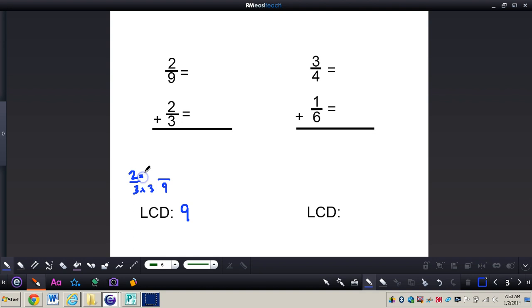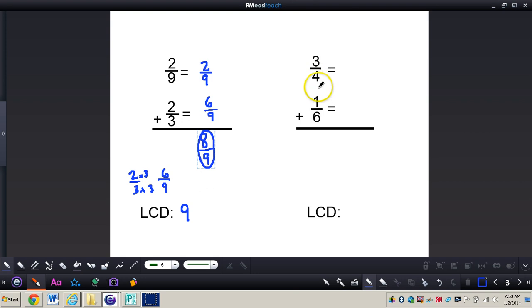My numerator, I'm going to need to multiply by 3 as well, to 6/9. So I will write 6/9 over here. 2/9 will actually stay the same since my LCD was 9. And then from here, once we have a common denominator, we can simply add the numerators together. 2 plus 6 is going to give me 8. The 9 will stay the same for 8/9. So the first step is finding that LCD.